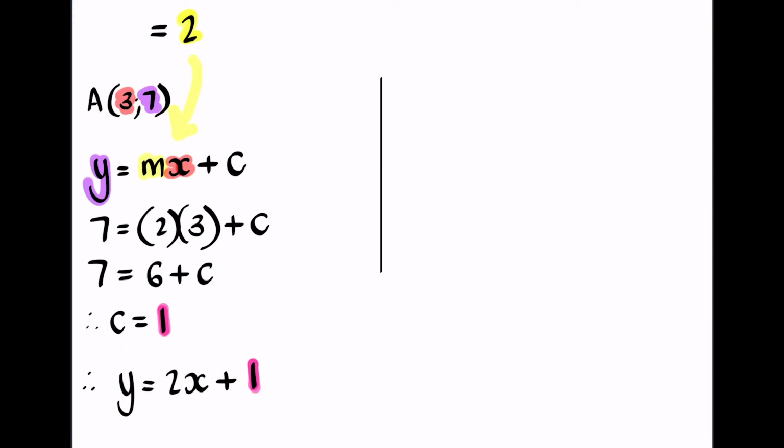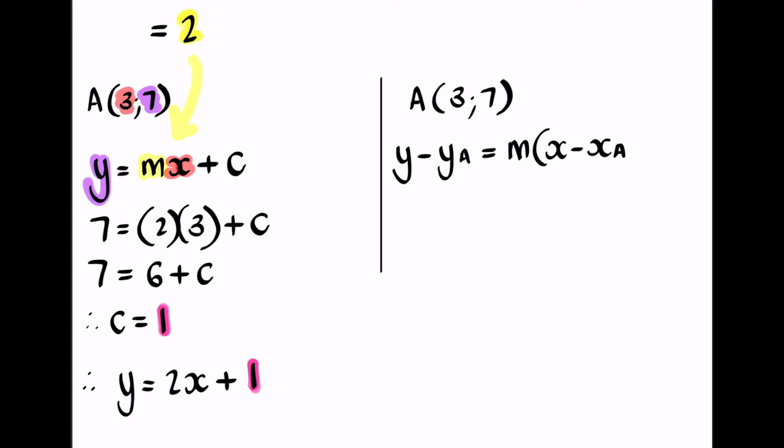If I look at my second formula, I'm still going to use A's coordinates. We could use B's coordinates, but I'm using A because A's coordinates are smaller. So this is going to be y minus the y of A is equal to m, the gradient, into x minus the x of A. So y minus 7 is equal to 2 into x minus 3.